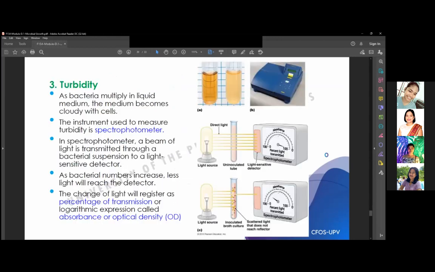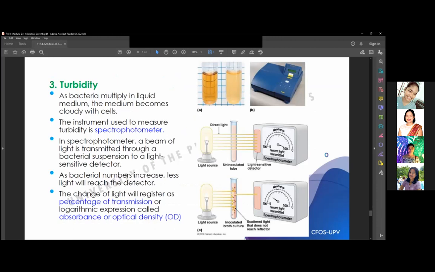Okay. For turbidity, can you remember your activity in the lab wherein you use the spectrophotometer? So, paano nag-work ang spectrophotometer? You have a light source and then you have a detector or light detector, no?